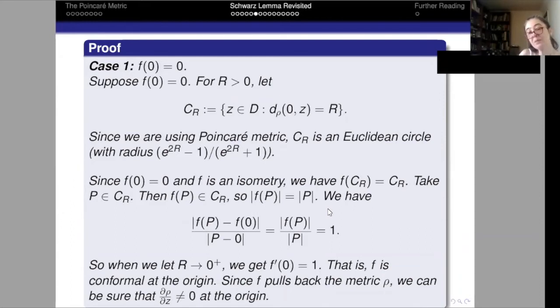This means that f is conformal at the origin. For a detailed discussion of how this happens, you can see Ahlfors or Gamelin's complex analysis book, but we will leave it at that here. Since f pulls back the metric rho, we can now be sure that the derivative of f at the point 0 is different from 0.